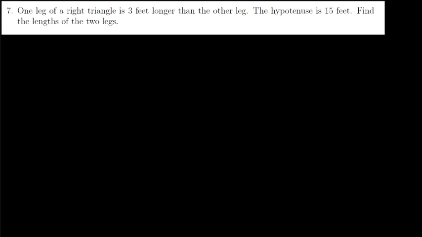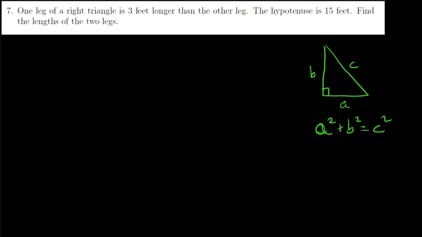Number 7: one leg of a right triangle is 3 feet longer than the other leg. Okay, so let's draw a right triangle here. One leg, I'll call this A, I'll call this B and C. You remember the Pythagorean theorem, A squared plus B squared equals C squared.